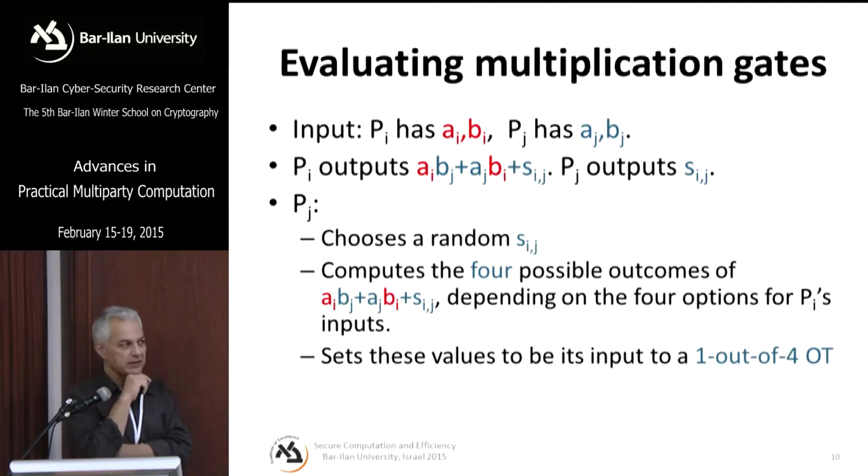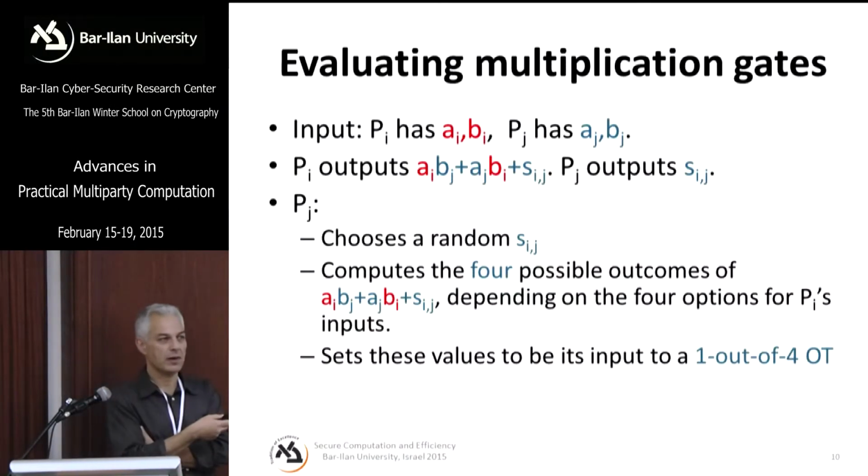So what Pj tells himself is, okay, I don't know what Pi's input is, but I know all the blue values, and I know that if Pi's input is, say, 0, 0, I can use this equation and compute what his output would be. And if his input is 0, 1, I could use this equation again and compute his output, and so on.